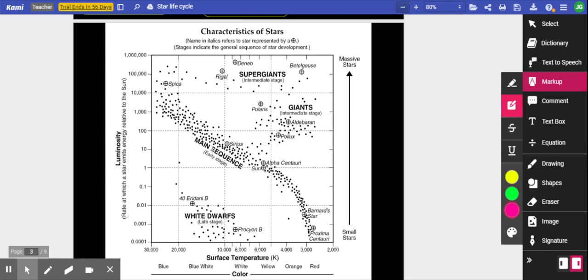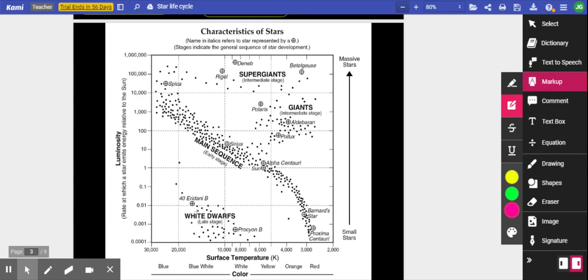Notice right here it says early stage. As stars age and grow old, remember, intermediate stage, they will swell into those red giants, okay? Bigger stars are called supergiants, and they are also in a later stage of life, the intermediate stage of life.